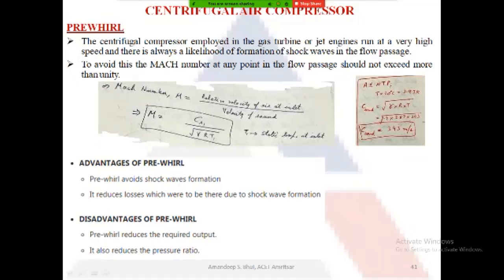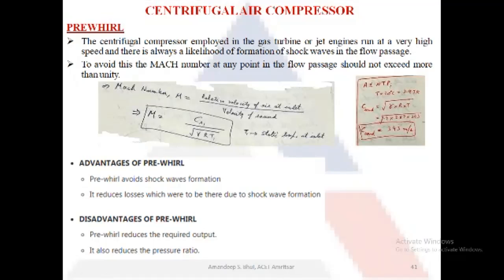Now, if we increase the speed of air beyond Mach 1, we have crossed the sound barrier. Now, if we cross the sound barrier, you might have heard of the sonic boom.